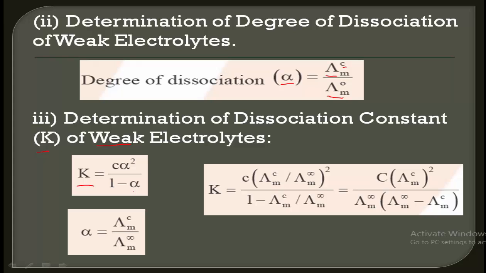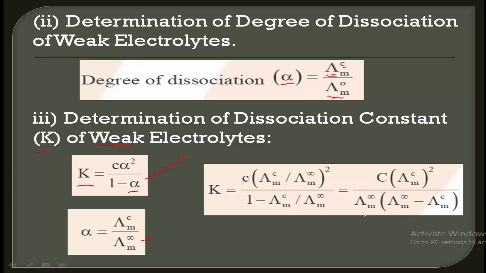And as you know, the alpha value you already know, lambda C divided by lambda naught. Substitute the value of alpha in this equation. So you will get K is equal to C times (lambda C divided by lambda infinity) whole square, divided by 1 minus lambda C divided by lambda infinity.